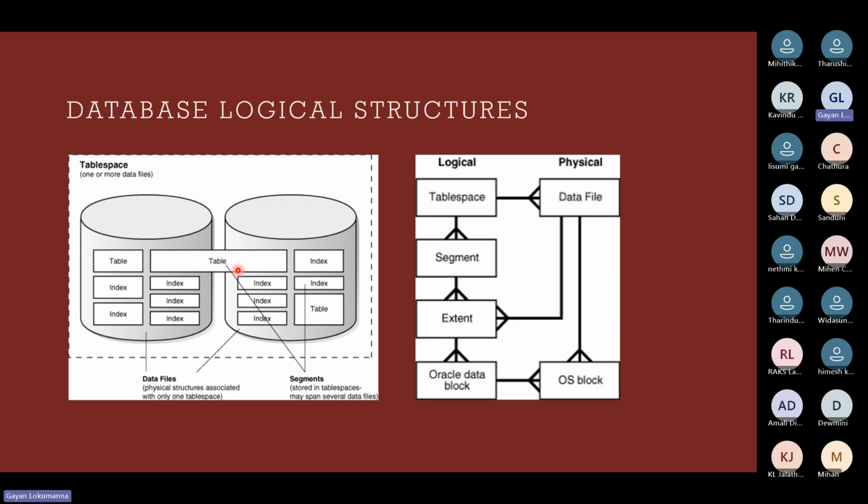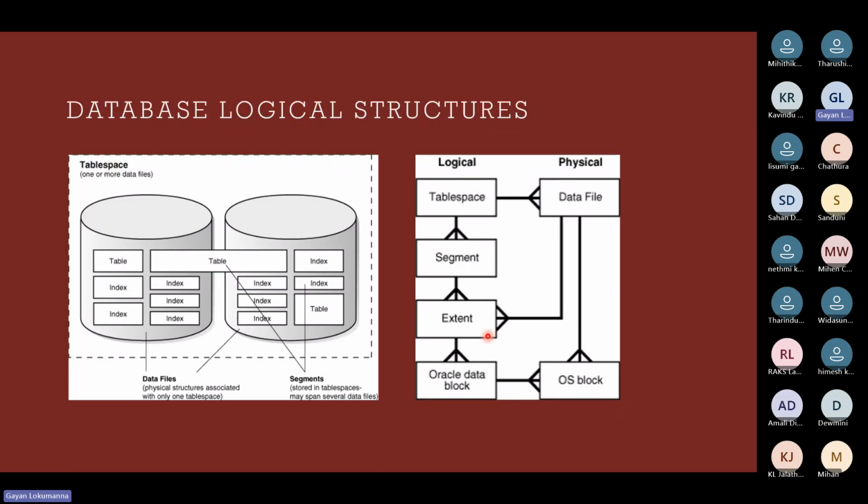Or it can also be specified at the tablespace level. If you specify something at the tablespace level, by default all those attributes will be inherited by the segments you create within it. But you can even override them at the table level, index level, or when you're creating a segment. It will override the settings of the tablespace also. That is also possible.